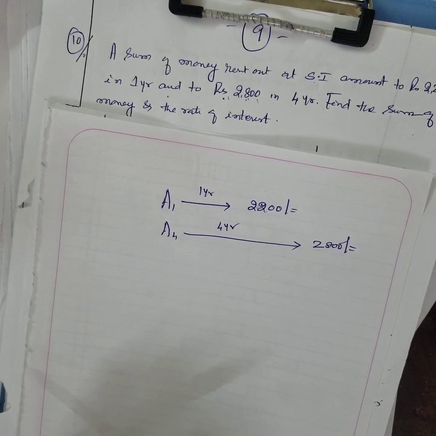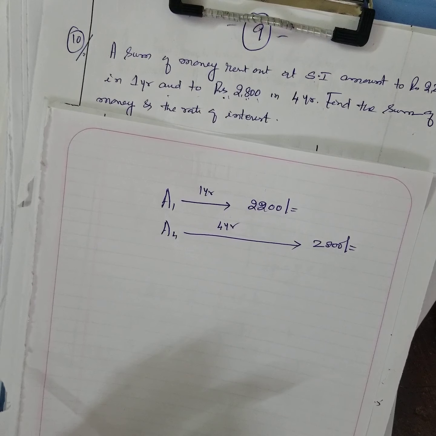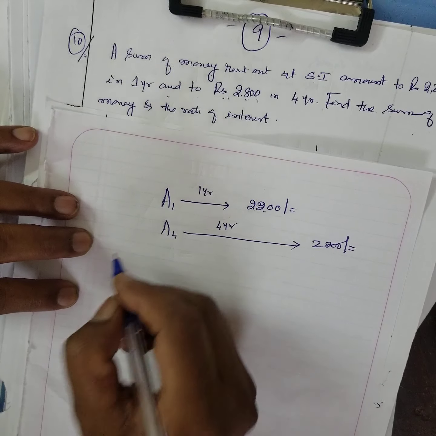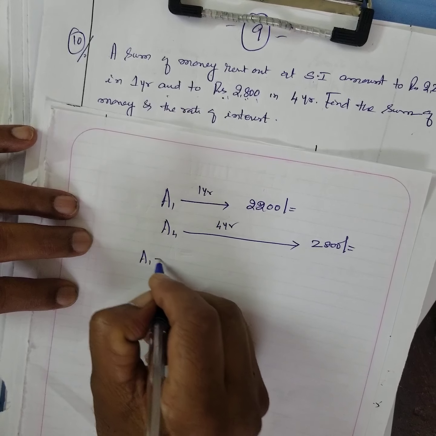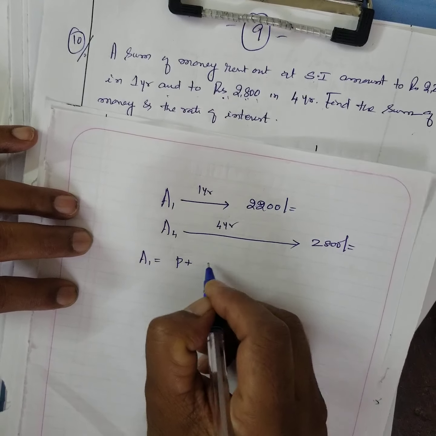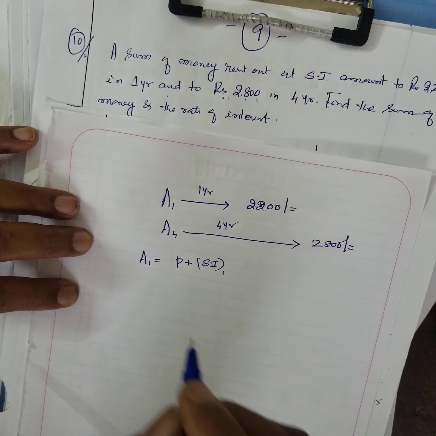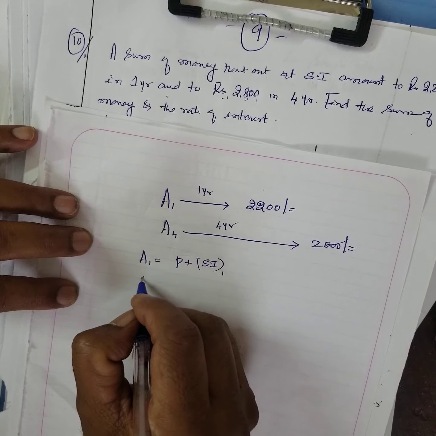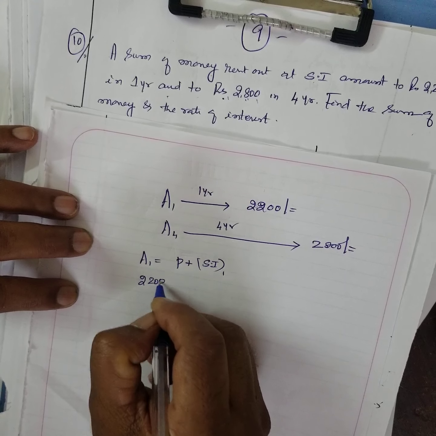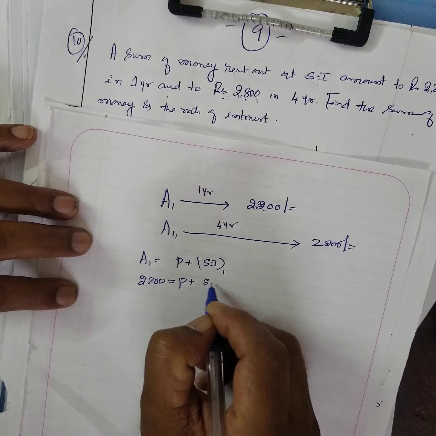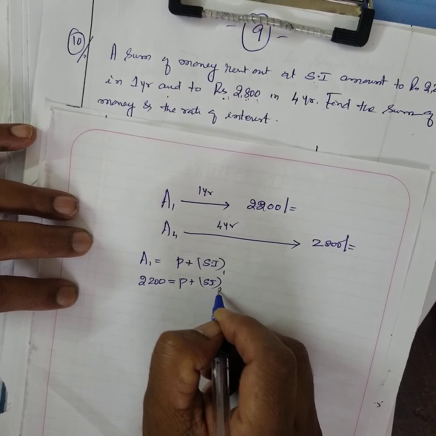Now this is a very peculiar sum. Amount for 1 year is equal to principal plus simple interest for 1 year. That is, the amount is 2200, principal plus simple interest for 1 year.